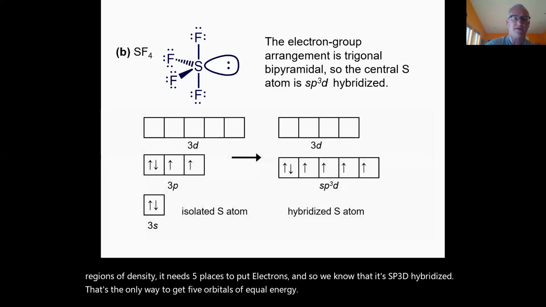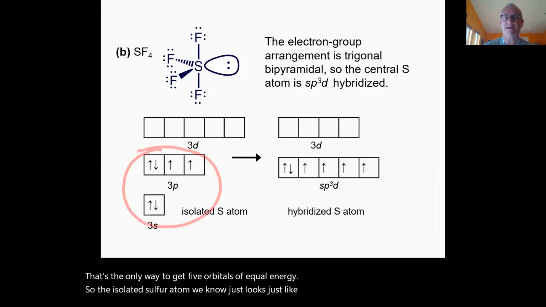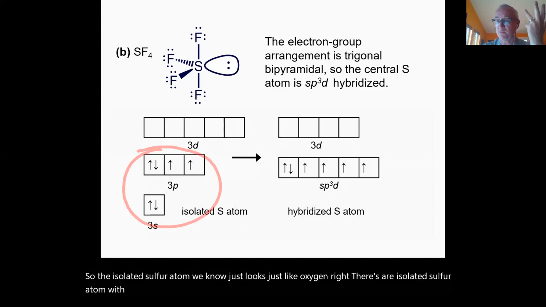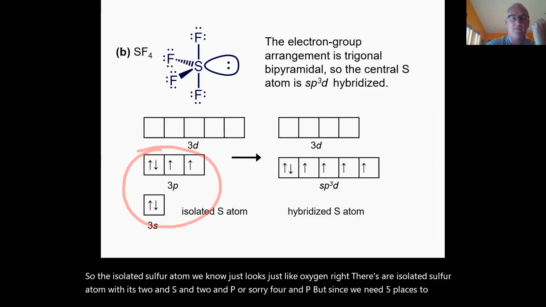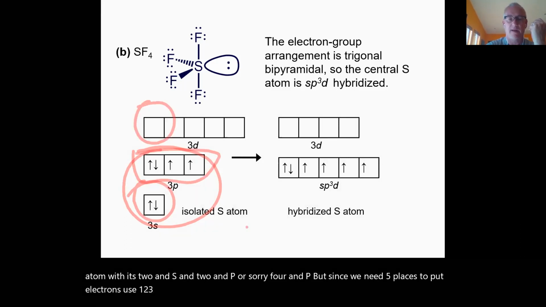The isolated sulfur atom, we know, looks just like oxygen, right? There's our isolated sulfur atom with its 2 in s and 2 in p, or sorry, 4 in p. Since we need 5 places to put electrons, you use 1, 2, 3, 4, 5: s, 3 p's, and a d.